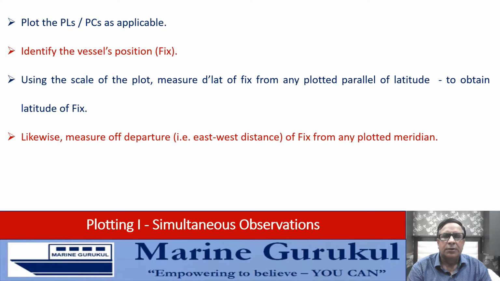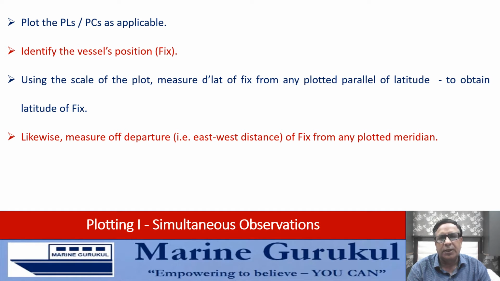Likewise, the east-west distance of the fix can be measured from any of the meridians which is plotted and identifiable, using the same scale as the scale of distance, and this shall be the departure between the meridian from where it is measured to the meridian of the fix.